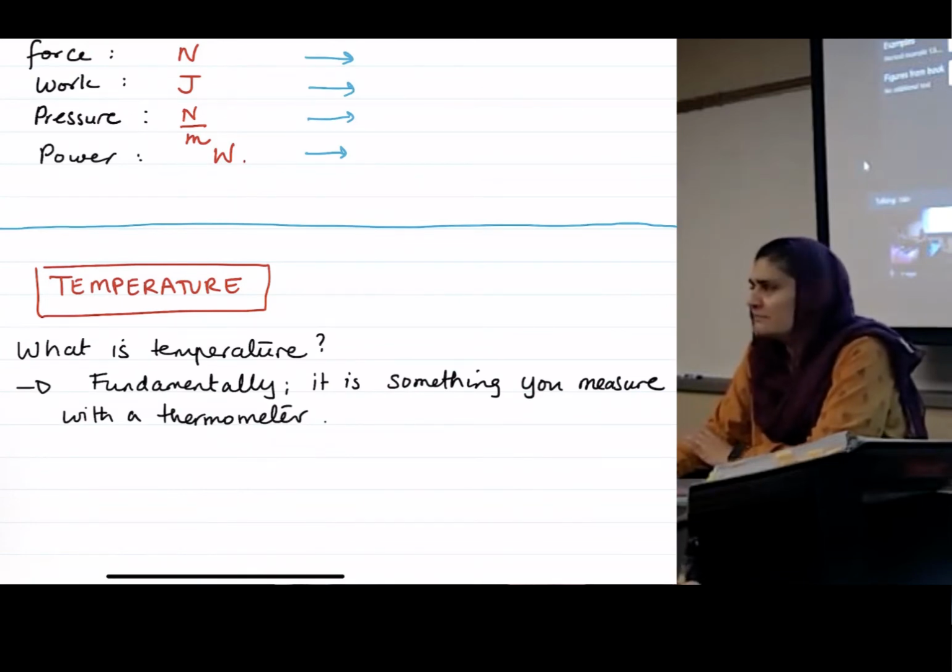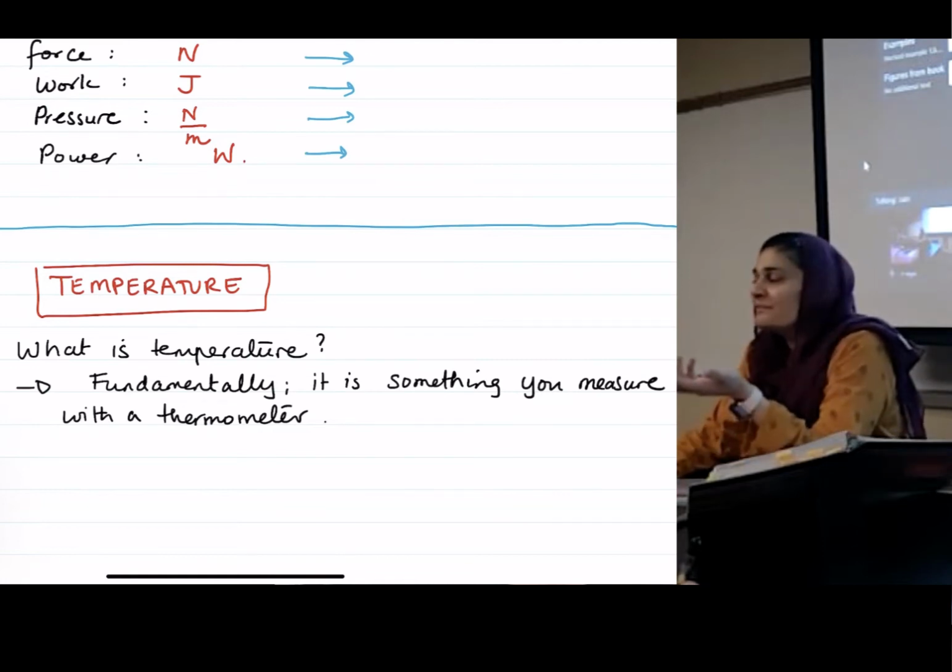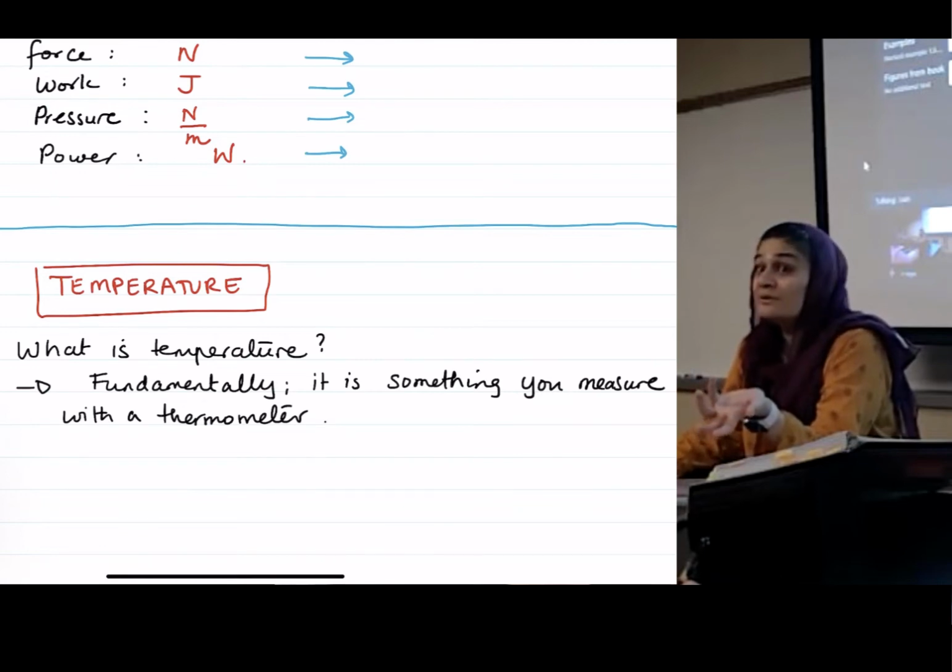That's cyclic. And I haven't actually told you anything. I've told you it's something that you measure with a thermometer. But I haven't told you what a thermometer is. It's something that measures temperature. Woohoo! That's catch-22.